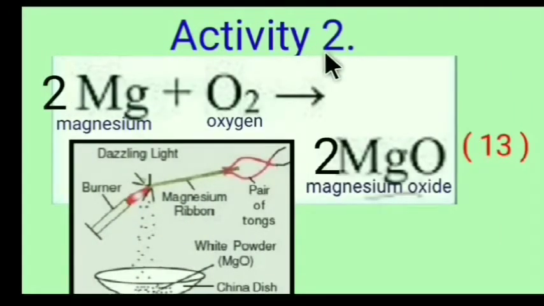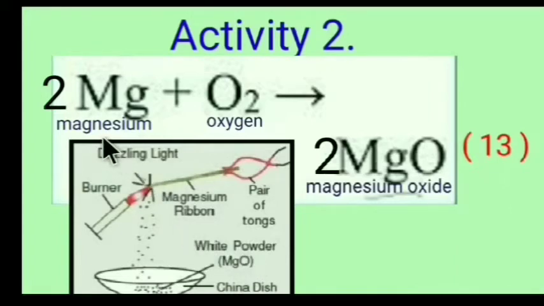Activity 2. Hold a magnesium strip in a pair of tongs and ignite it on a burner in air. A white powder of magnesium oxide is formed.